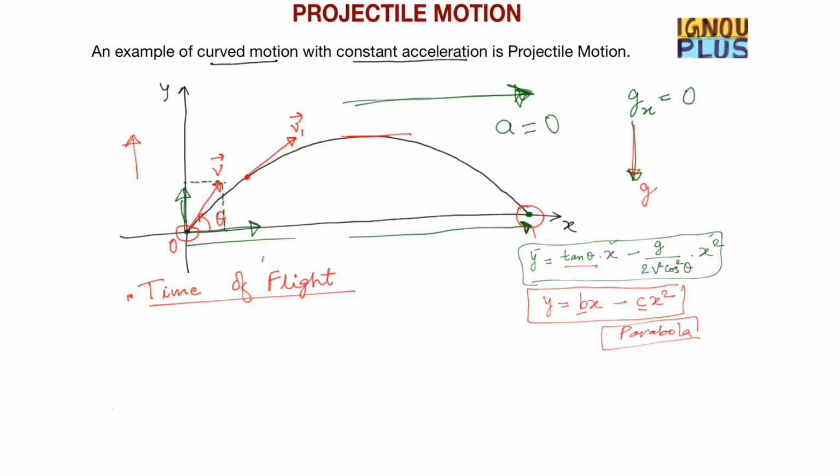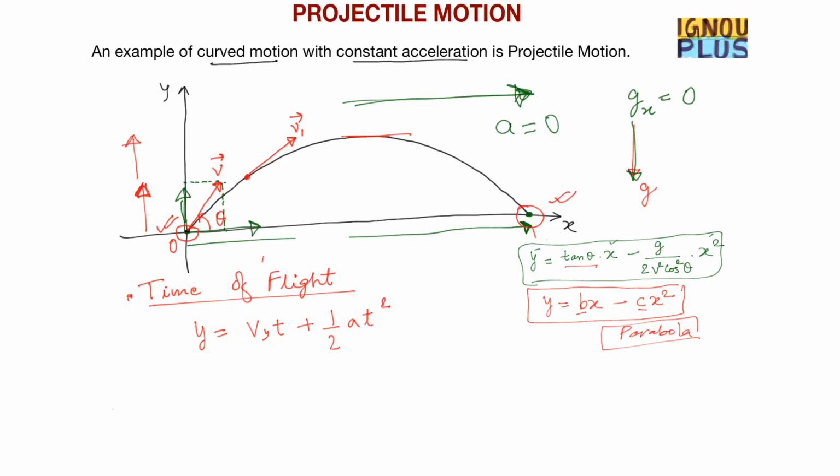So we will simply use this formula y is equal to v y t plus half a t square. Now first of all, we need to know when the projectile starts from a point and reaches the ground. In the y-axis, actually it reaches the same level.